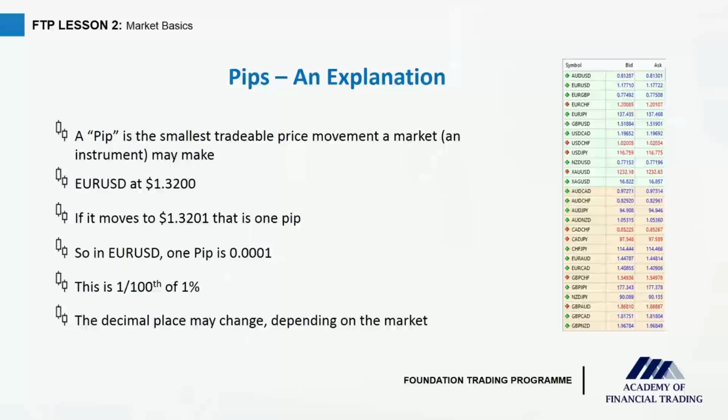For gold, it tends to be the 2nd decimal place. For silver, it tends to be the 3rd decimal place. So it is dependent upon the actual market that you are looking at. But regardless of it, it always simply stands for the smallest increment of movement that any market can make, regardless of what it is.